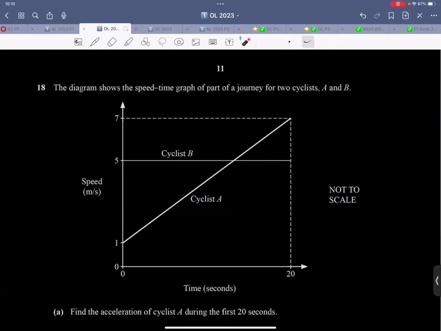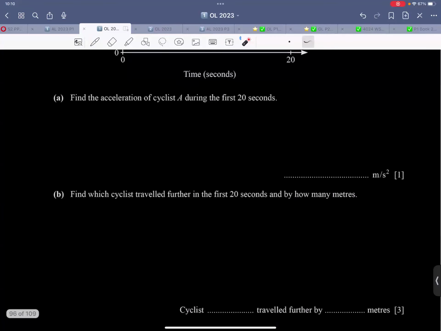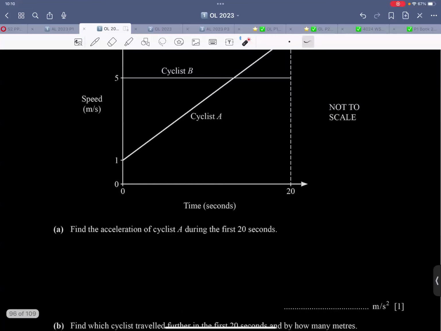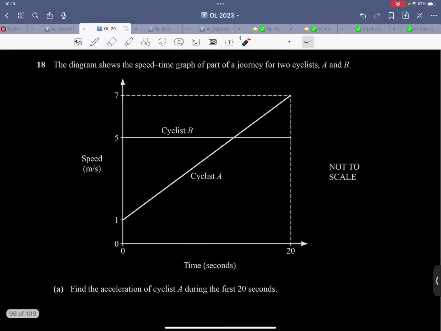Now we have question number 18, which looks like a speed-time graph, acceleration, and all these things. It says the diagram shows the speed-time graph of part of a journey of two cyclists A and B. So let me just draw the line.